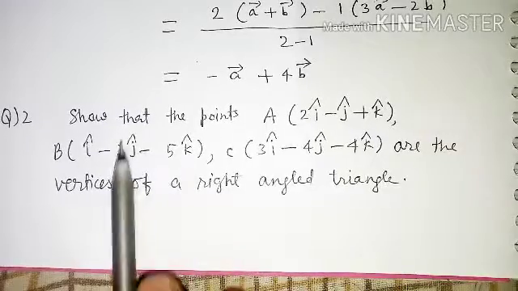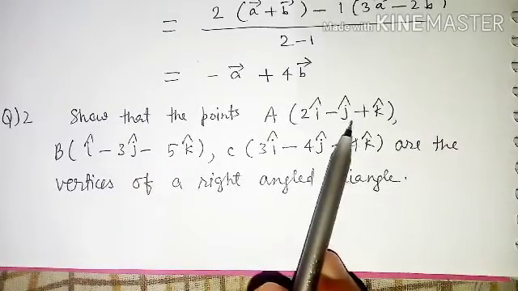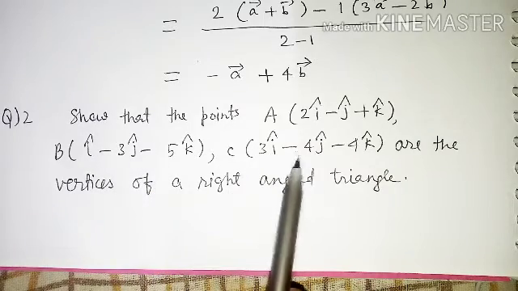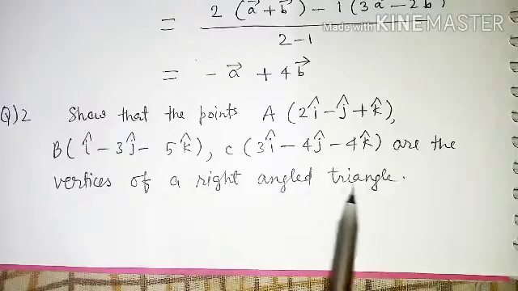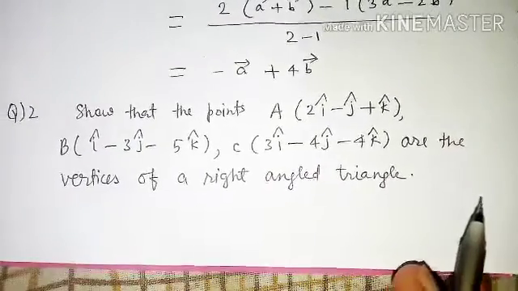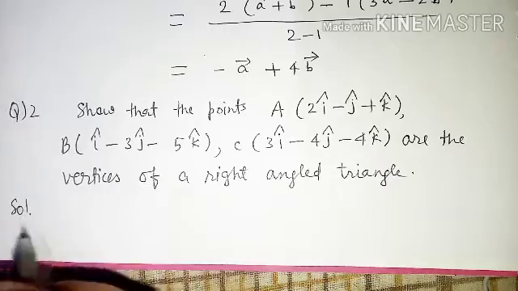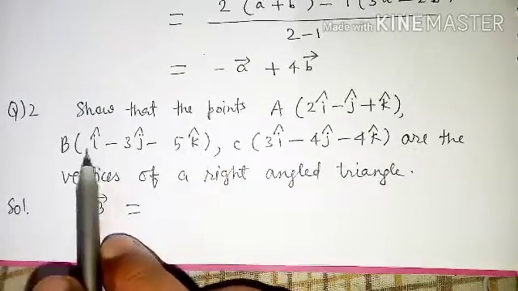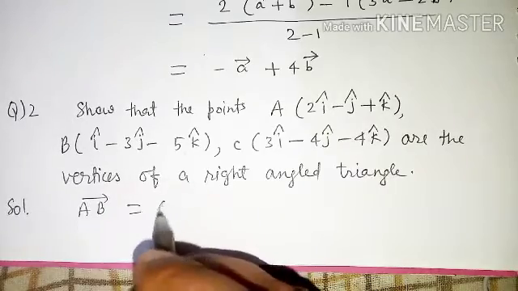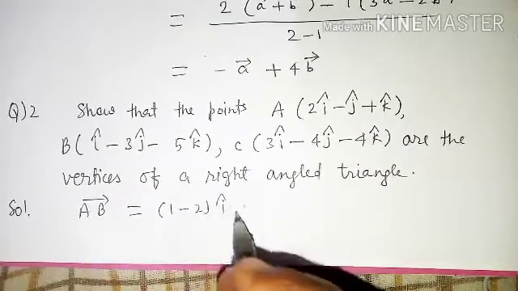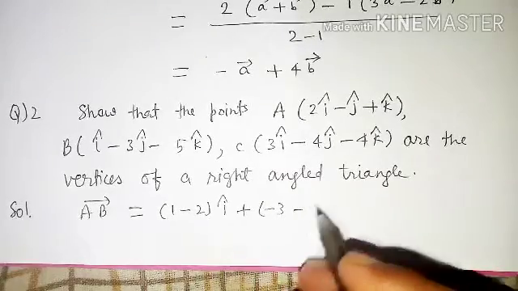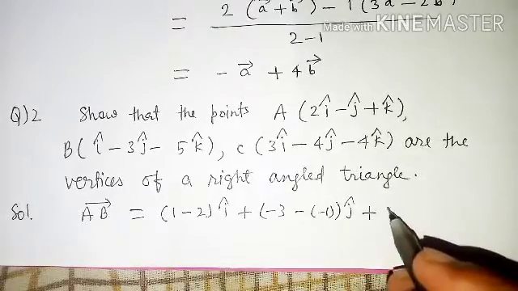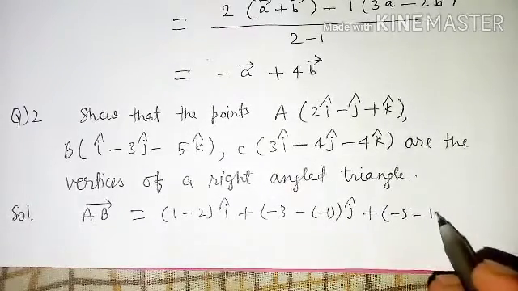Show that the points A 2i minus j plus k, B i minus 3j minus 5k, C 3i minus 4j minus 4k are the vertices of a right angle triangle. For this we have to find vector AB. This will be 1 minus 2 i cap plus minus 3 minus minus 1 j cap plus minus 5 minus 1 k cap.